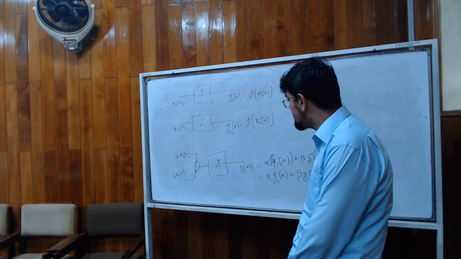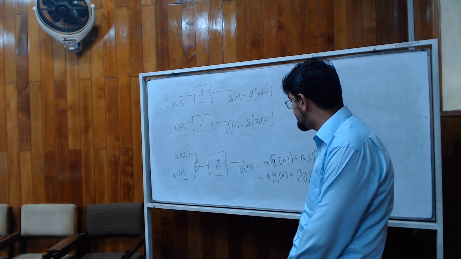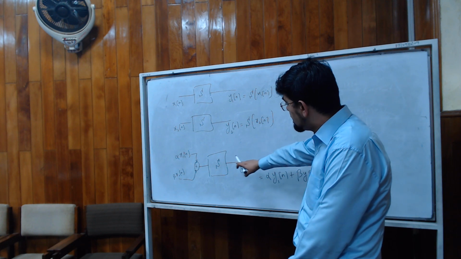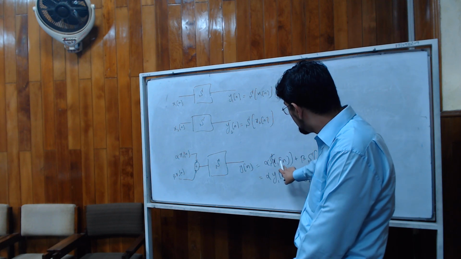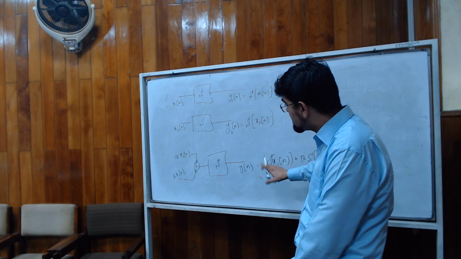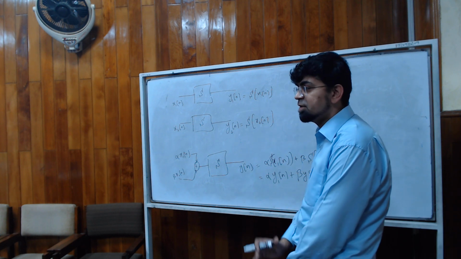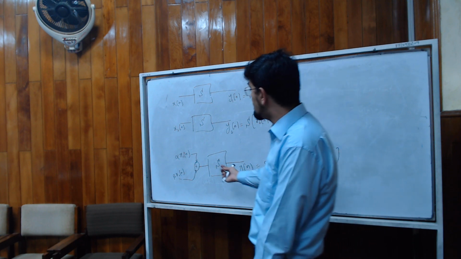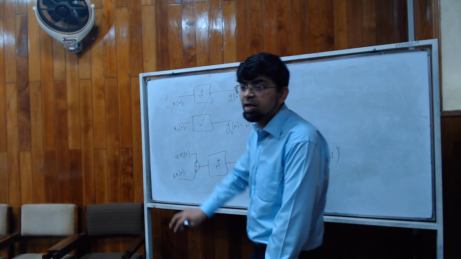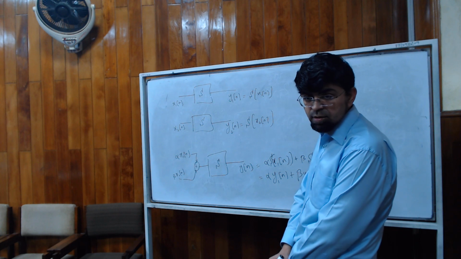Now if I draw this in a different way, you could see that it's saying that the system is operating first and the addition happening later. These two are interchangeable. This is another definition of linearity.